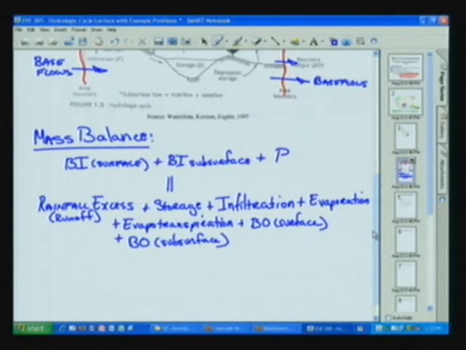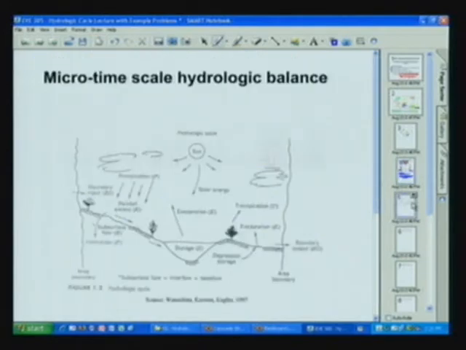Our first set of problems are going to be focused on this type of setup in general. We also need to be able to do micro timescale hydrologic balances.